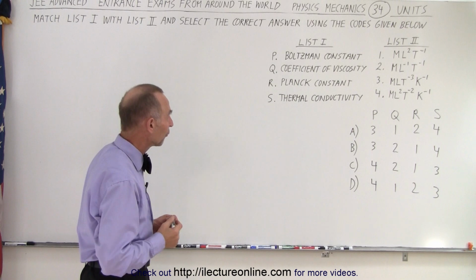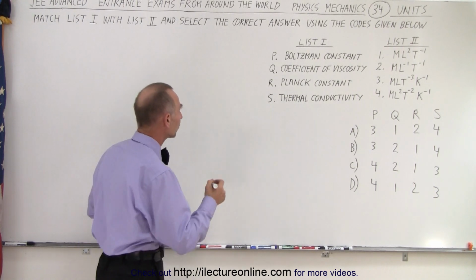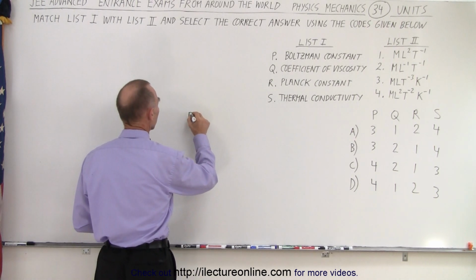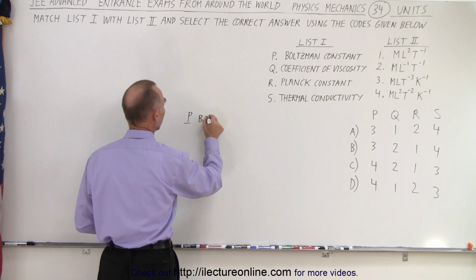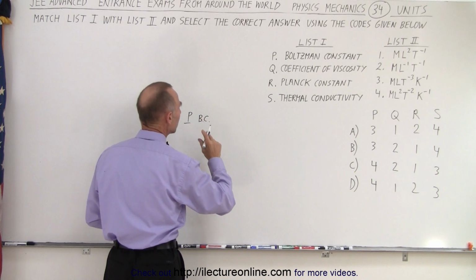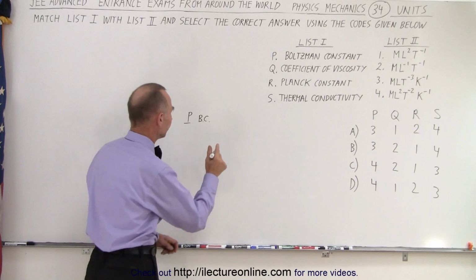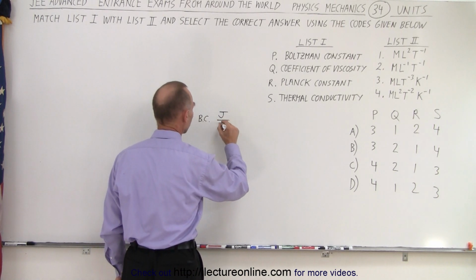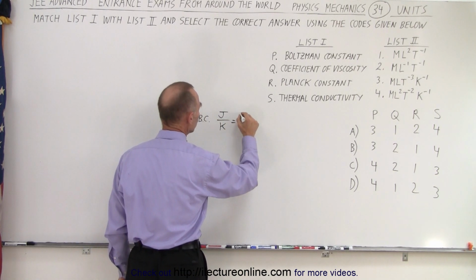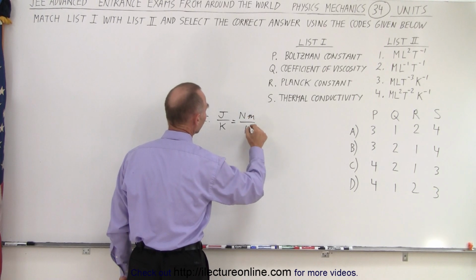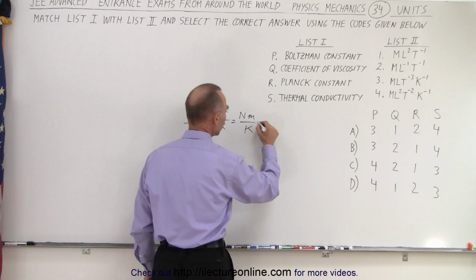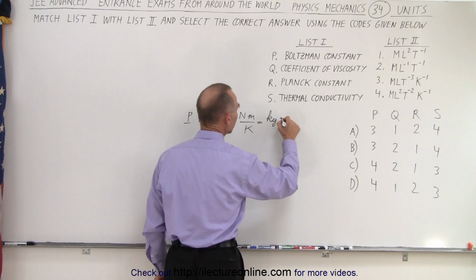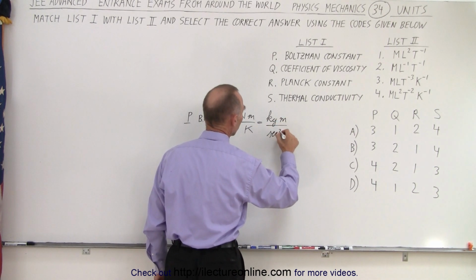Well, first of all, let's go for the Boltzmann constant. So for P, we have Boltzmann's constant. The units for that would be joules per Kelvin, right? A joule is a Newton meter, and a Newton is kilograms meters per second squared.